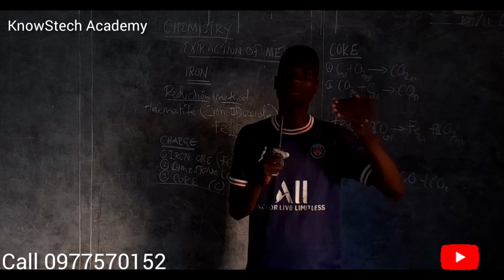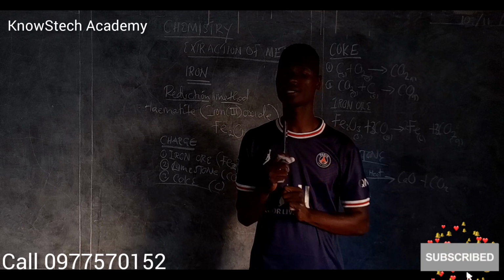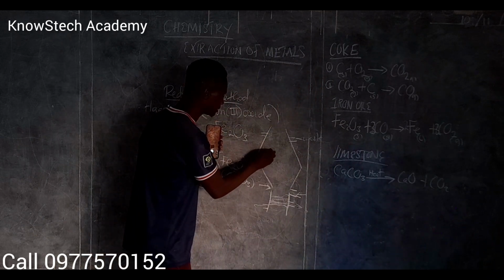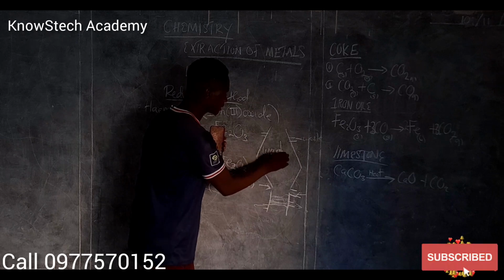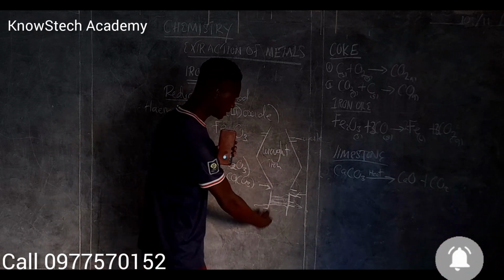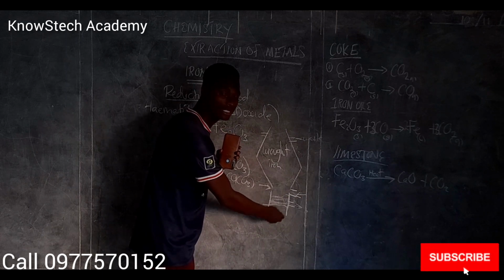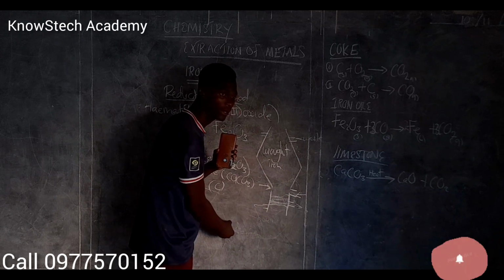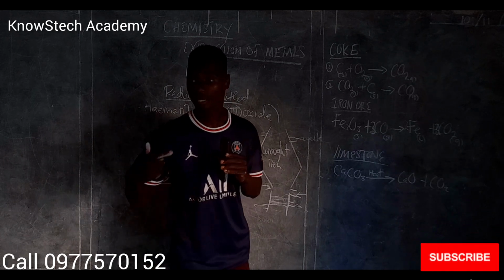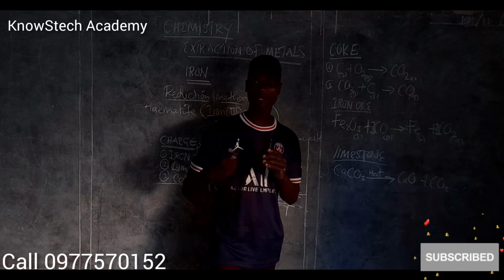Now, the purest form of iron is called what? Wrought iron. This is the spelling. Wrought iron is the purest form of iron. So after extraction, after you collect your molten iron, the iron has to go through another process to purify it.